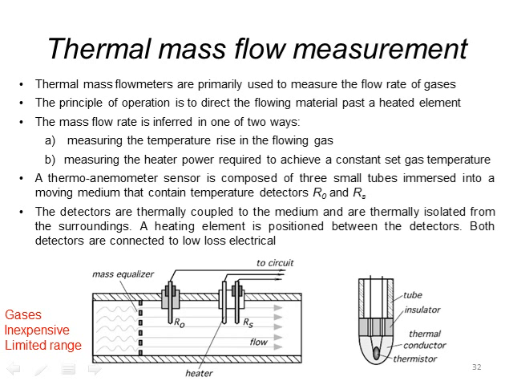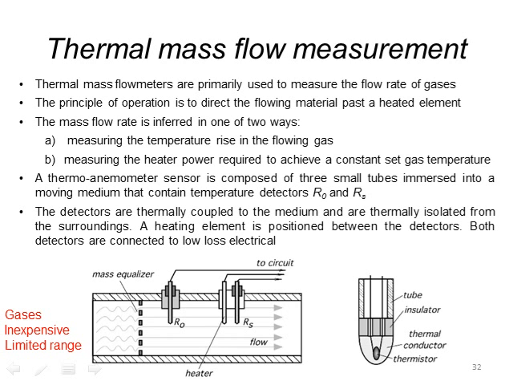Now, thermal mass flow measurements, these are typically used for the measurement of gases, and basically the principle of operation is due to a flowing material past a heated element. And we can measure in 2 ways. The first one is we can measure a temperature rise in the flowing material. So you can see the image on the bottom.